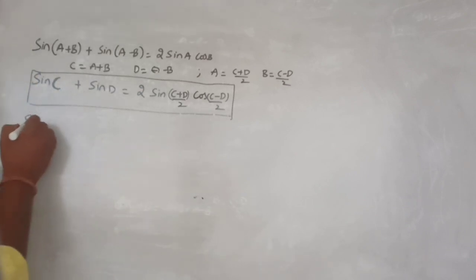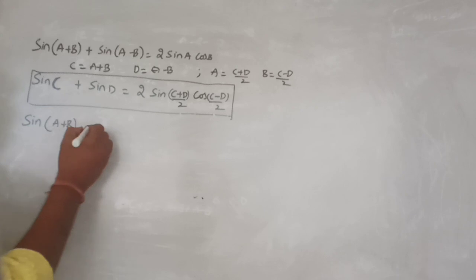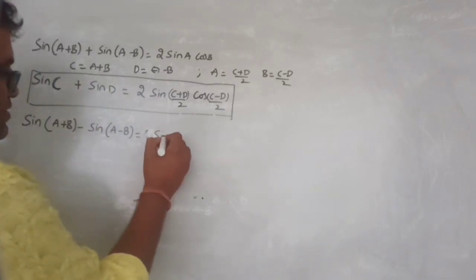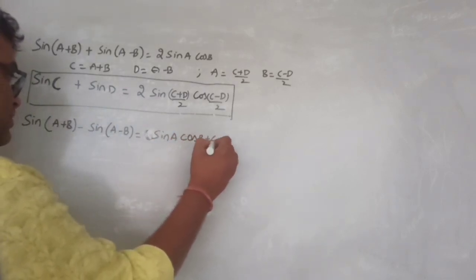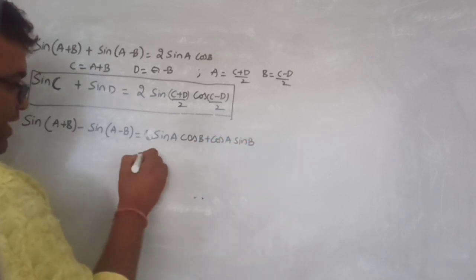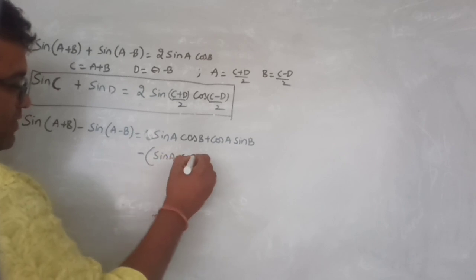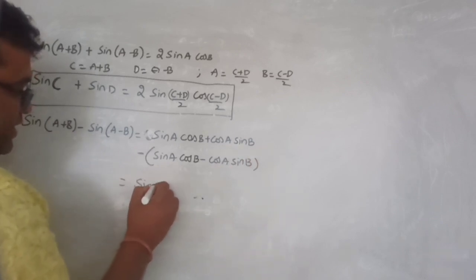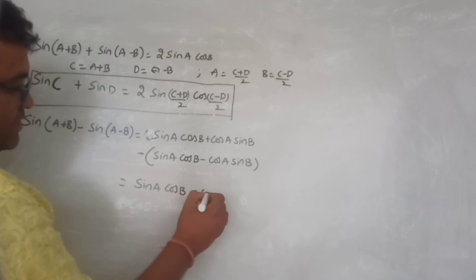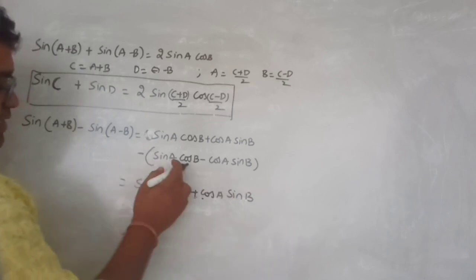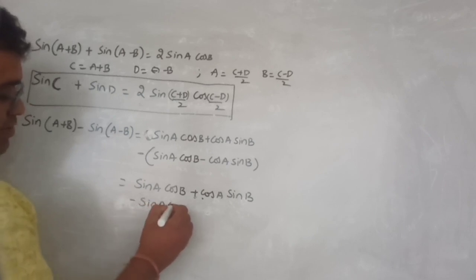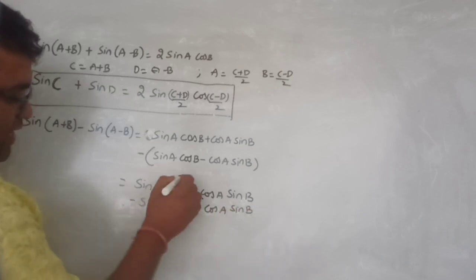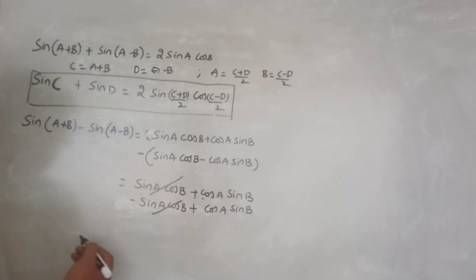Suppose sin of A plus B minus sin of A minus B. By the formula, that is sin A cos B plus cos A sin B minus sin A cos B minus cos A sin B. Minus into sin A cos B is minus sin A cos B, and minus into minus gives plus cos A sin B. So sin A cos B minus sin A cos B gets cancelled.